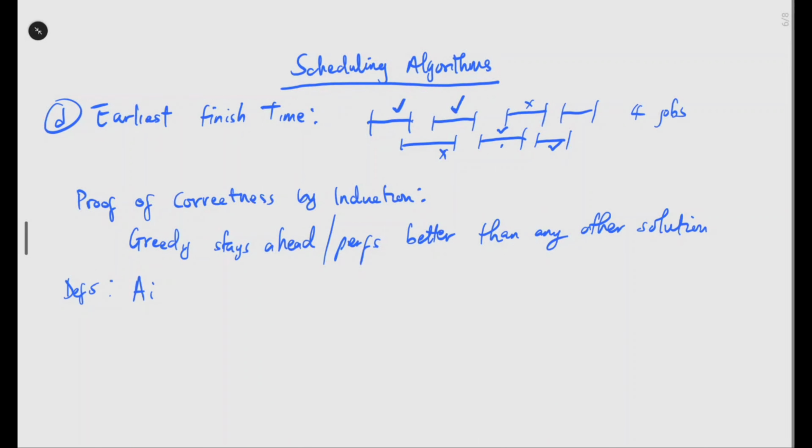Let's call this AI, and AI would be the first I intervals or jobs chosen by greedy. In this case we're talking about jobs.